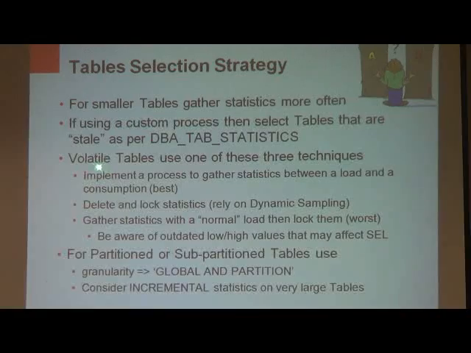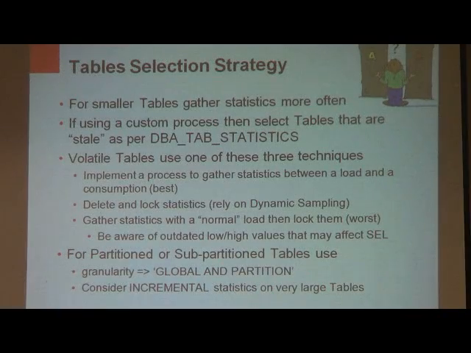Now, when your data is changing constantly, you have three options. It doesn't matter how you name these options, those are basically the three options that you have. You either implement a process, meaning your application needs to be smart and say, whenever I load data into this table, I gather stats. I change the data, I gather stats.